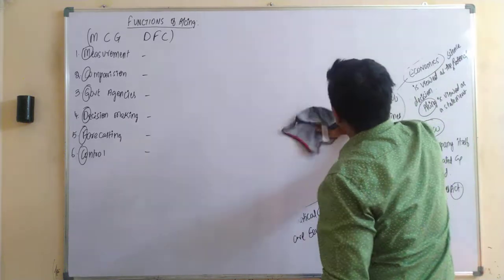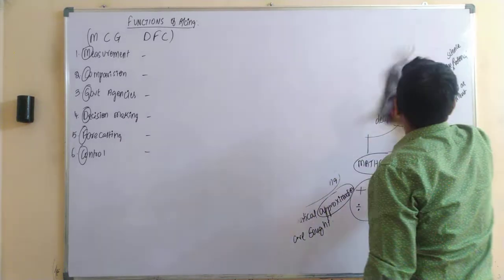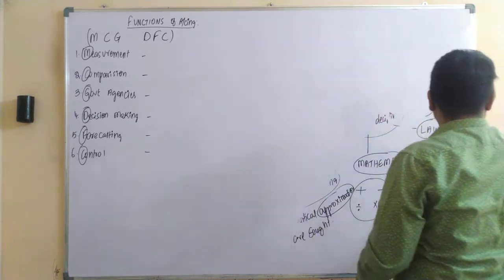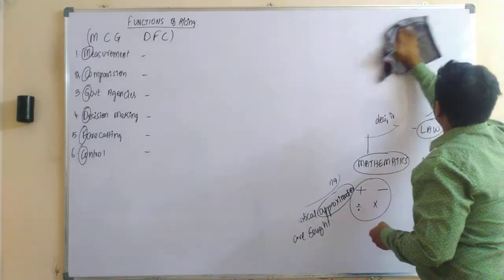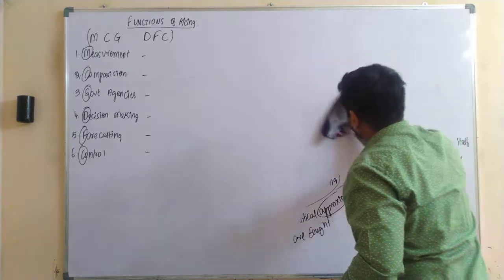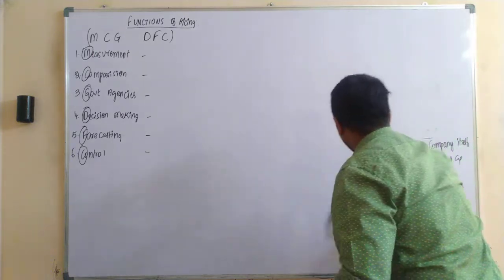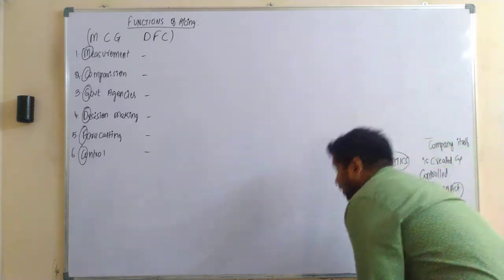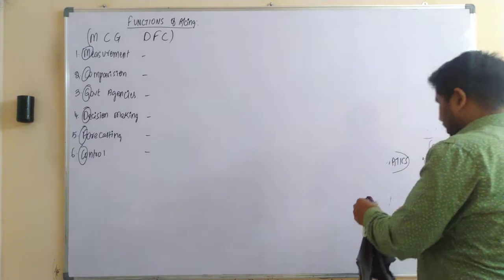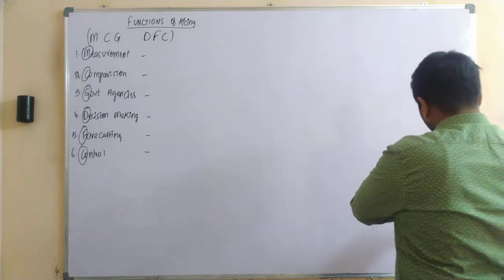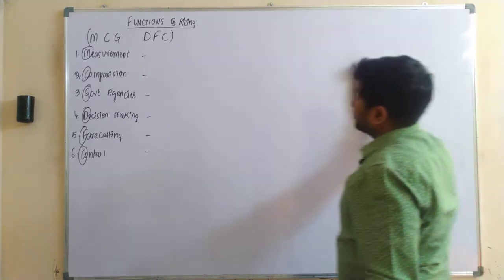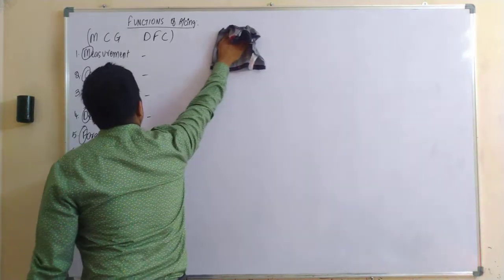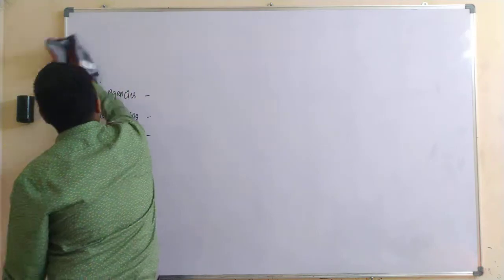Measurement is nothing but, based on the past experience, or based on the past performance, based on the past records, you are going to measure the financial statements of the company. Next one, comparison. So you are going to compare the financial statements of the company within the company and outside the company, that is industry wise. So these are nothing but your functions of accounting.